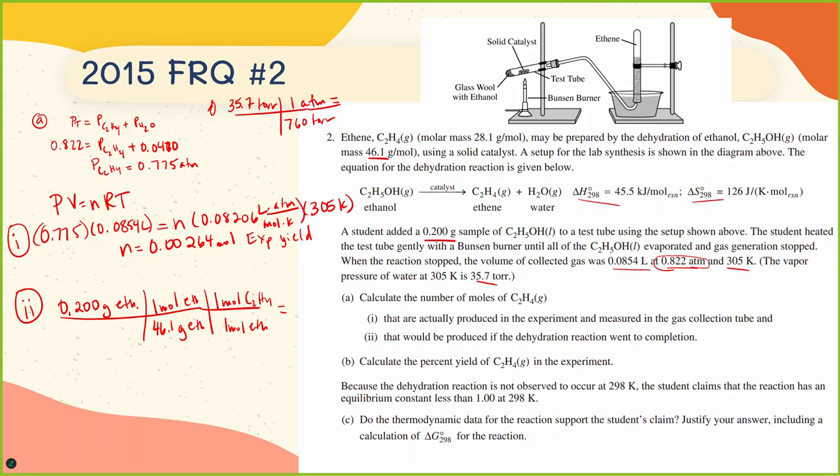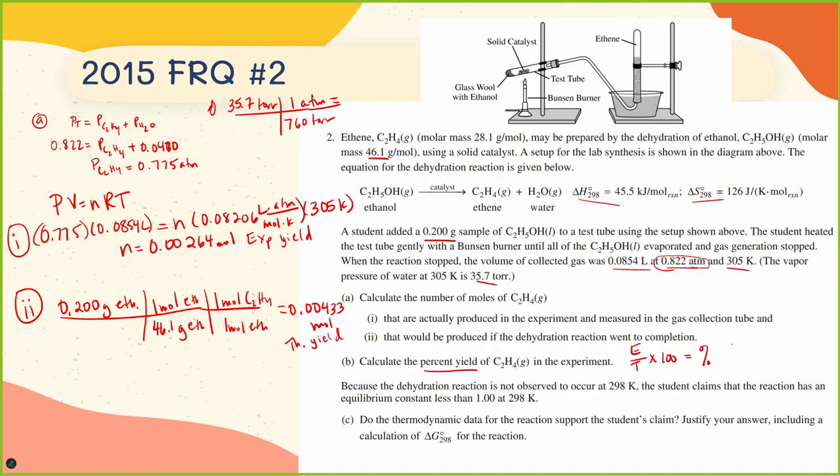So what we should have gotten, if everything was perfect, 0.00433 moles. So then you can do the percent yield very easily. This is theoretical yield. So experimental over theoretical times 100 gives you the percent.